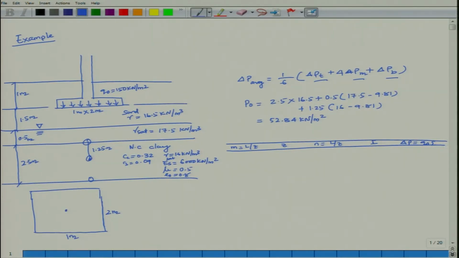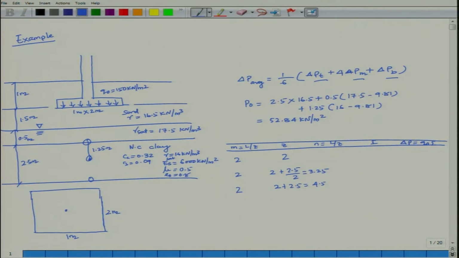Z at the top, up to here, will be 2. Then at the middle it will be 2 plus 2.5 by 2, which is equal to 3.25, and at the bottom it will be 2 plus 2.5, which is 4.5.